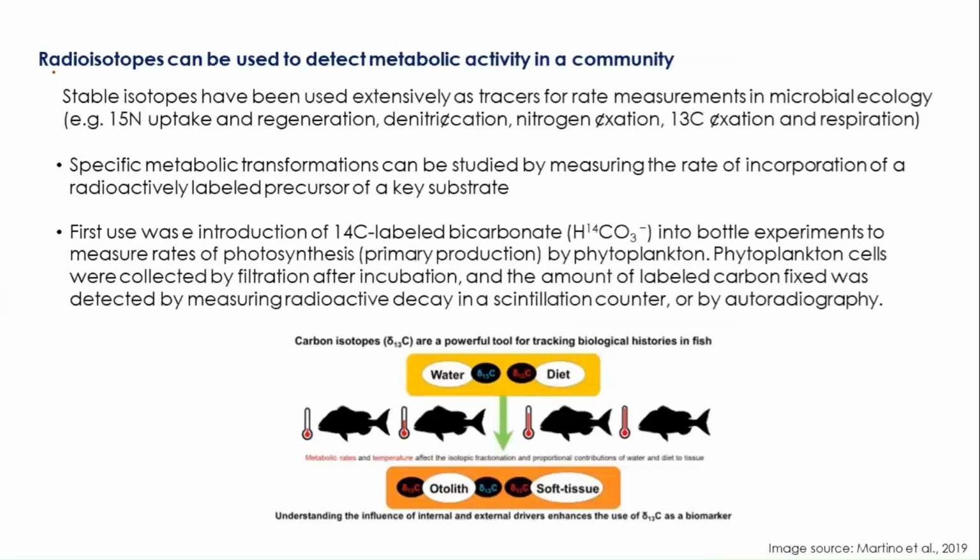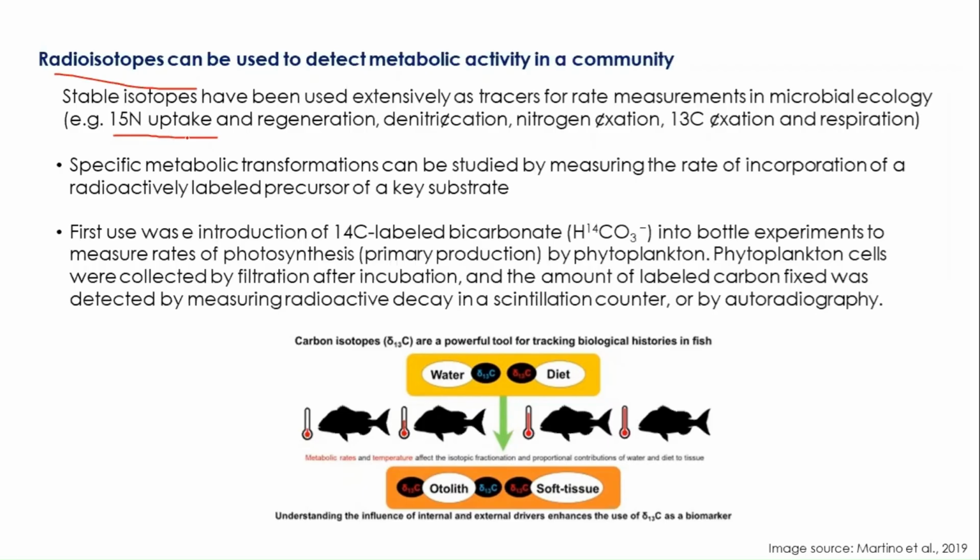The second method to study in situ activity is radioisotopes. Now we know that with radioisotopes, if we have a food chain and we have used the radioisotope in the primary producers, or otherwise given it directly in the water medium, then it will be taken up by the primary producers.